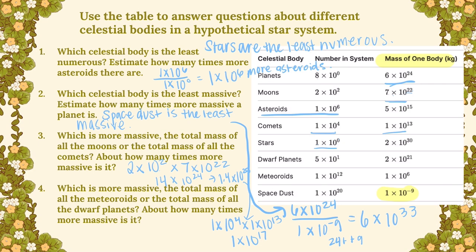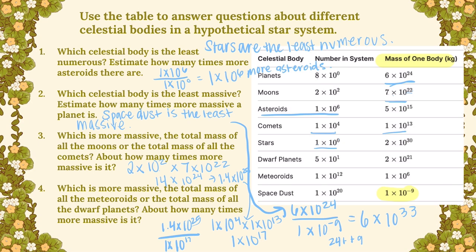And so I'm going to take the larger exponent and divide it by the smaller exponent. Typically when I have a larger exponent, that always means that it's going to be bigger. And so I'm just going to do 1.4 times 10 to the 25th divided by 1 times 10 to the 17th.